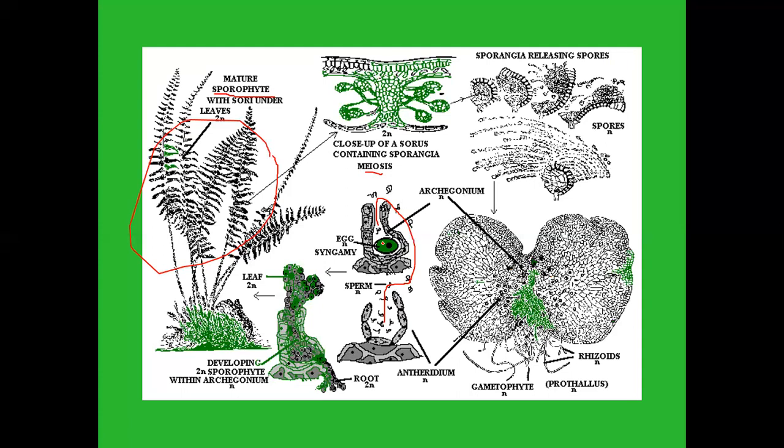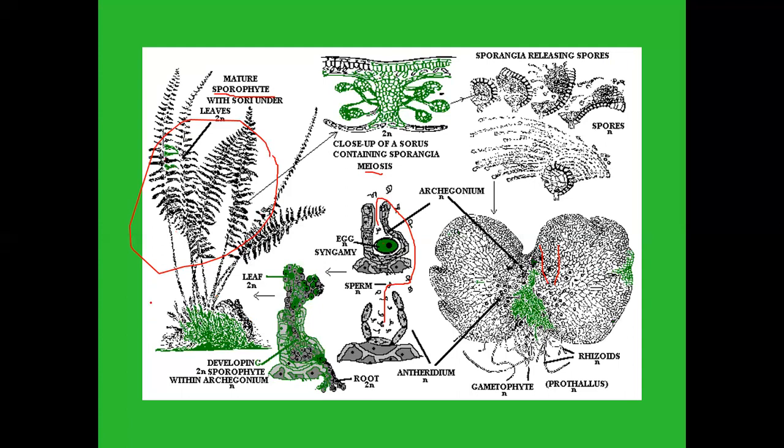And what's going to happen is this zygote here, this fertilized egg, syngamy is the same thing as fertilization. The fertilized egg will start to grow into a new sporophyte. And it's going to come straight out of that gametophyte. They'll actually grow right out of the females here and become the new generation of ferns.